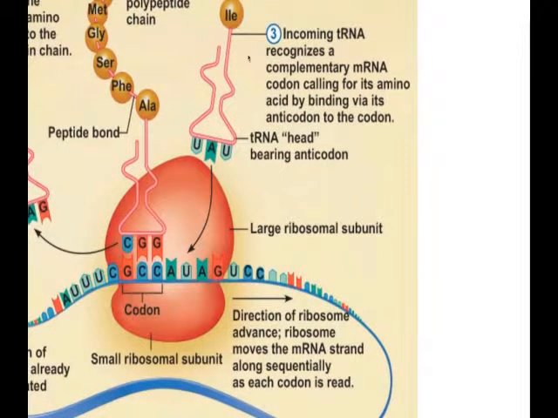So what happens here is this anticodon is attached to the ribosome. The ribosome then allows it to latch onto these other nucleotides found on the mRNA according to the correct code.